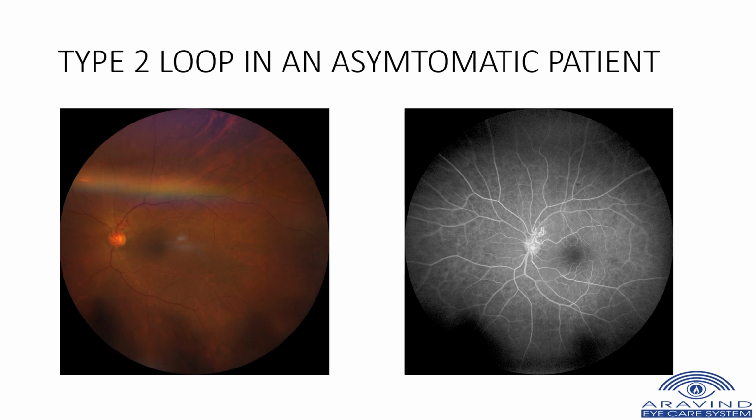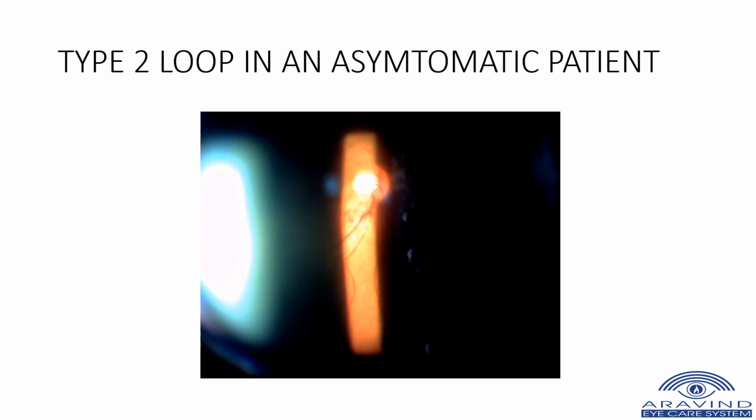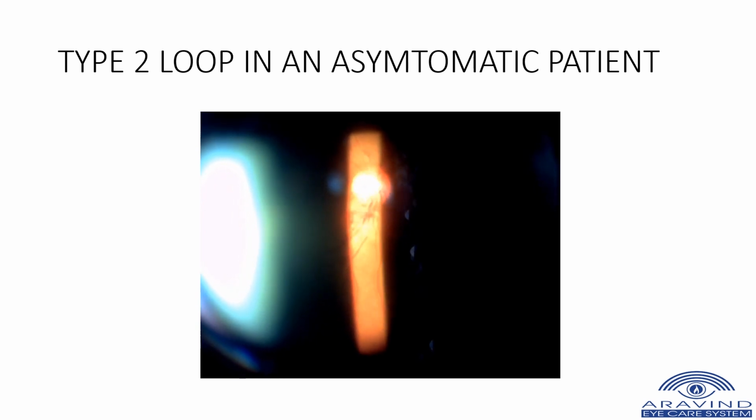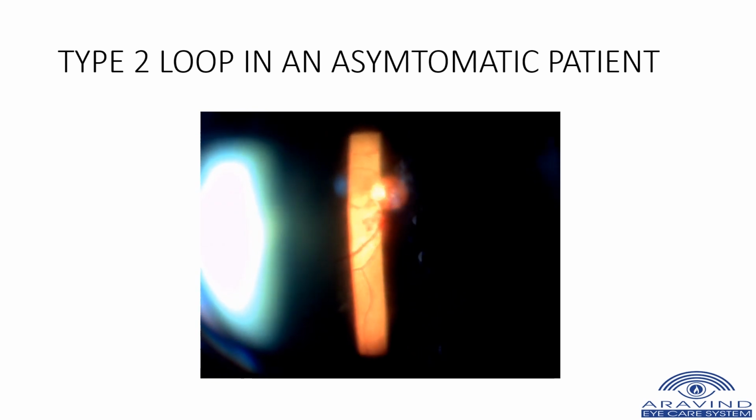Peripheral examination showed no breaks. The patient underwent cataract surgery and his best corrected visual acuity was 6/6. This is the slit lamp video of the patient's left eye in real time. We can see it is a type 2 loop located superiorly to the disc.